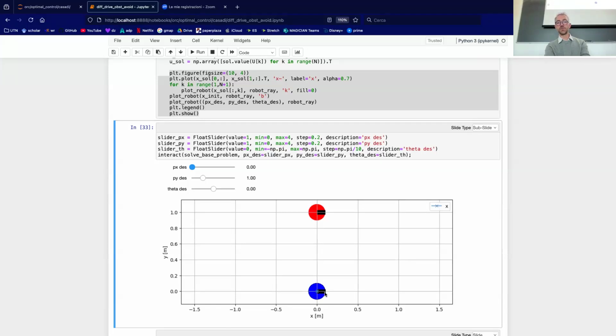If it moves a bit forward, it's getting further away from the desired state. And if it rotates a bit, it's also getting further away, because the desired orientation is 0, which is exactly the one it has right now. So staying where it is is a locally optimal trajectory.